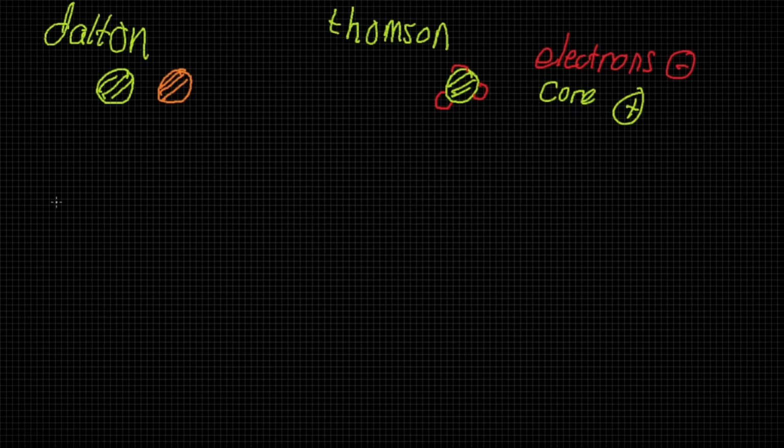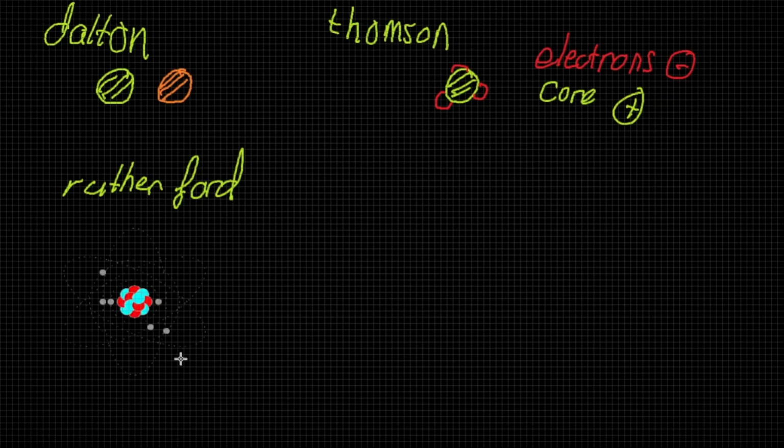Then the next model I'm going to discuss is the model from Rutherford. For the Rutherford model, I'm going to use a stock image because my drawing skills aren't that good.